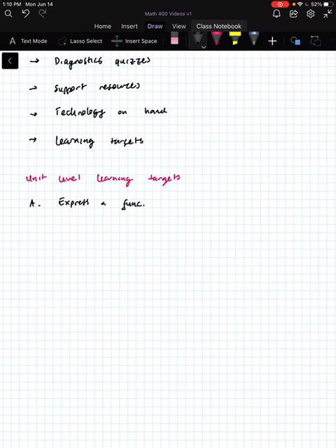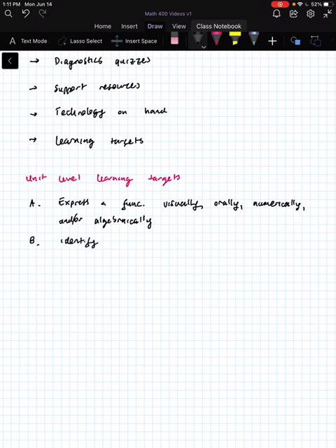I'm going to abbreviate in certain parts. So function visually, orally, numerically, and or algebraically. This is essentially the objective of section 1.1.